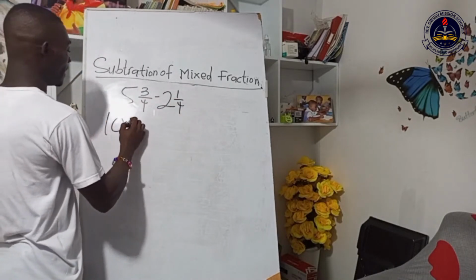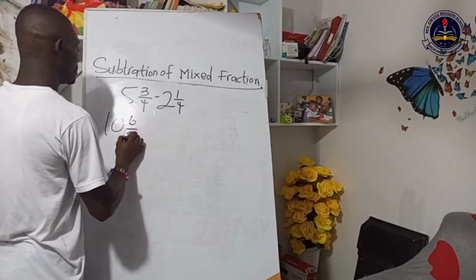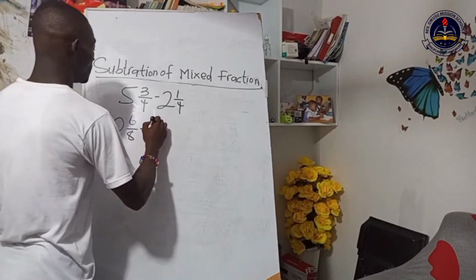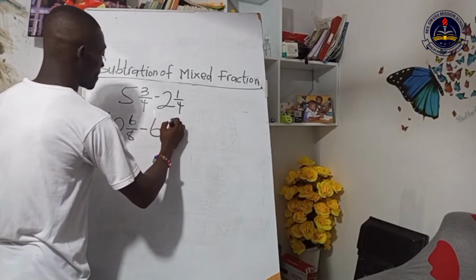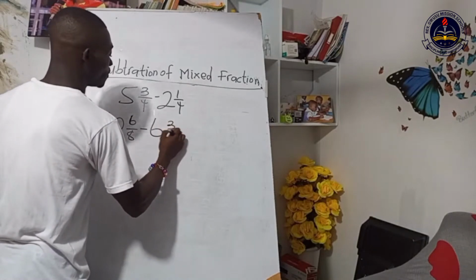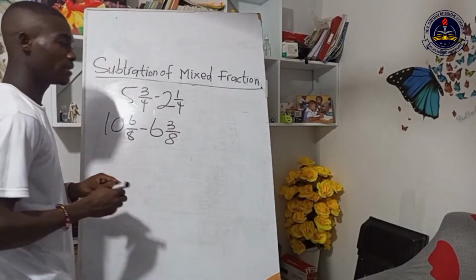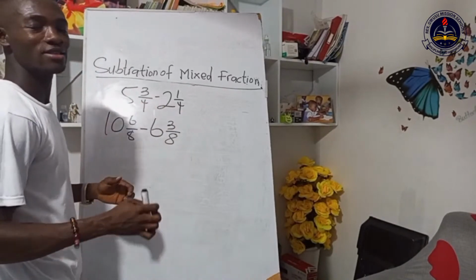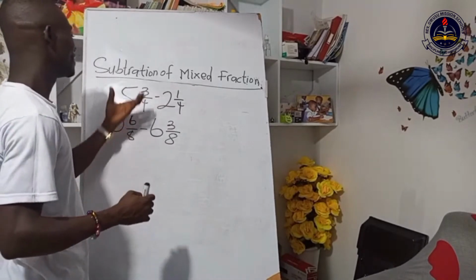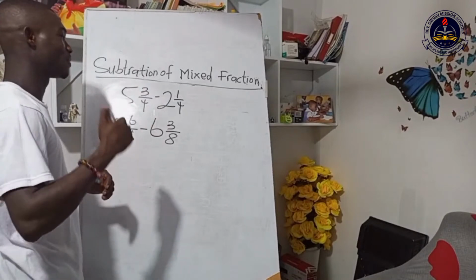Then whole number 6 over 8 minus 6 whole number 3 over 8. Let's solve them together. I hope by now you can just close your eyes and tell me that for this one, the answer is 3 whole number 2 over 4.